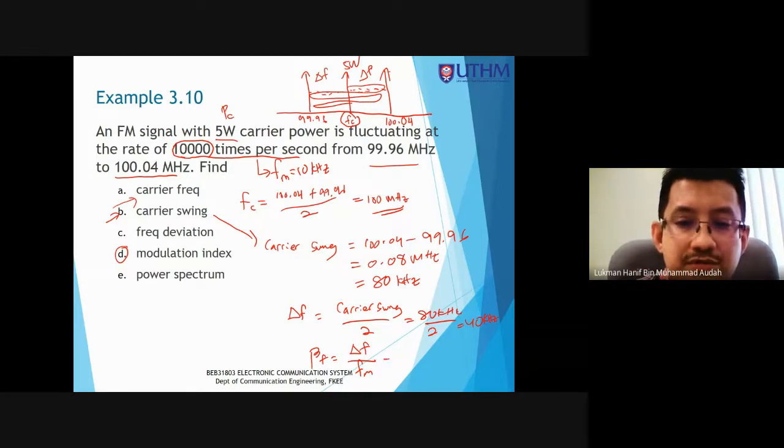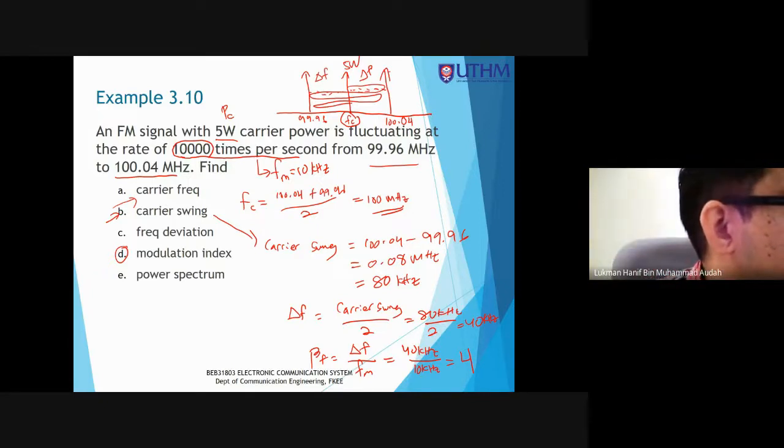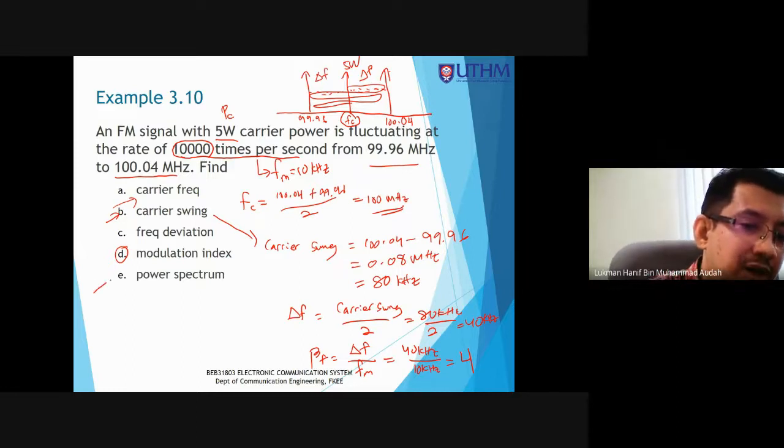So therefore, 40 kilohertz divide with 10 kilohertz. So this is equal to 4. Okay. Selesai. Then what? Power spectrum.